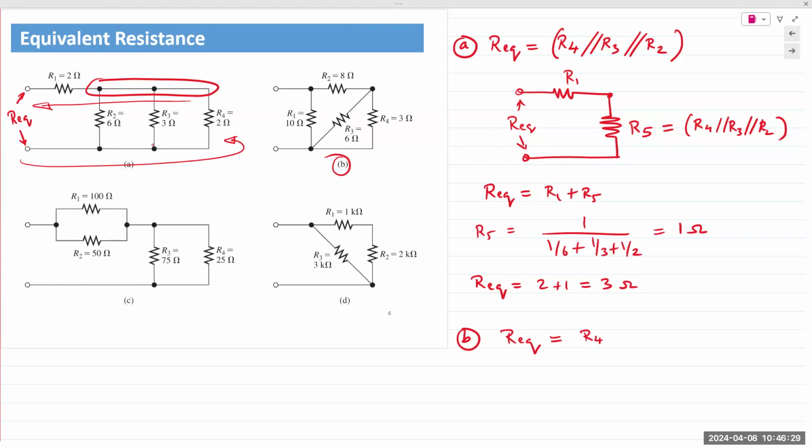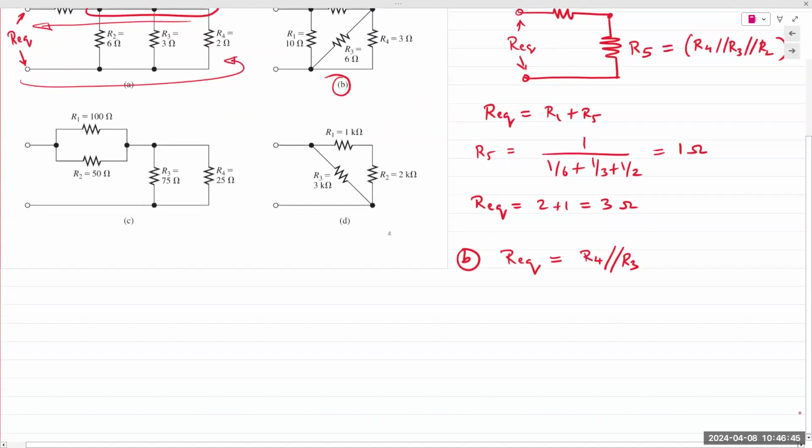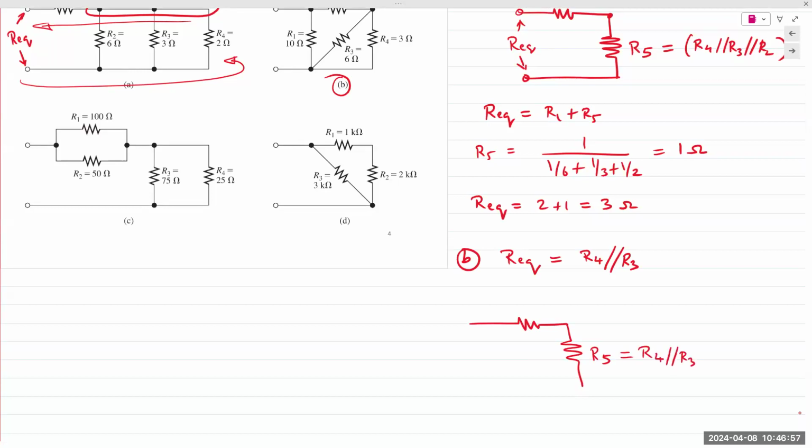They are in parallel. If you look at the two terminals of R4, they're connected exactly to the two terminals of R3. And so they are in parallel. So R4 is in parallel with R3. And it always helps to draw out the circuit diagram. So from this end, I would say this is R5, which is equal to R4 in parallel with R3.